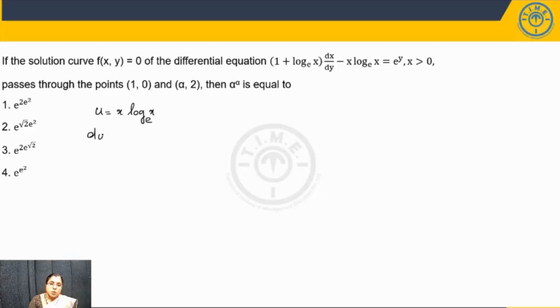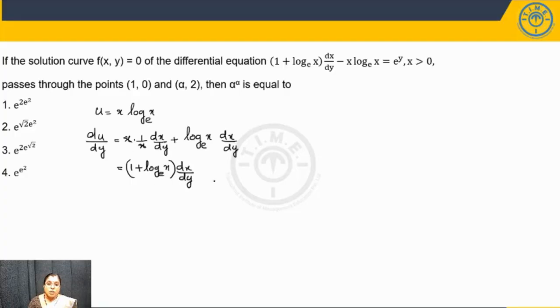So let's find out du by dy. du by dy is x into 1 by x into dx by dy plus log x to the base e into dx by dy. So I have used the product rule on the right hand side. When you cancel x and take dx by dy as a common factor, you will get 1 plus log x to the base e dx by dy is du by dy.